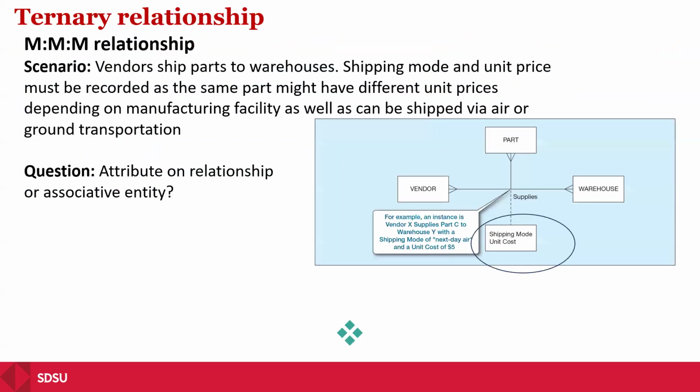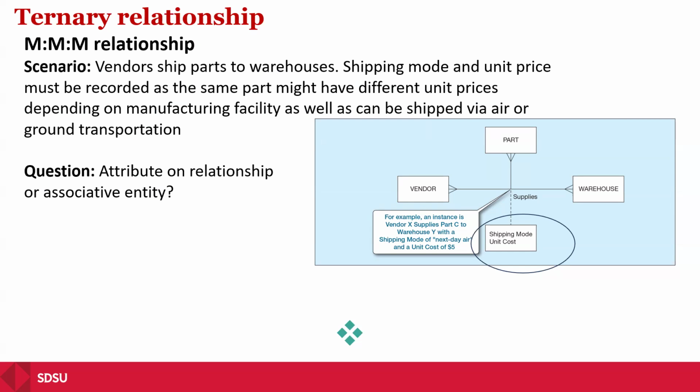Now, here's an example of ternary relationships. This is a scenario where vendors ship different parts to different warehouses. And for those relationships, we record shipping mode and unit price.